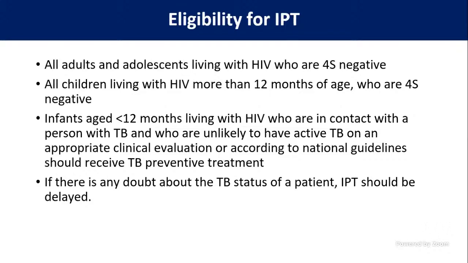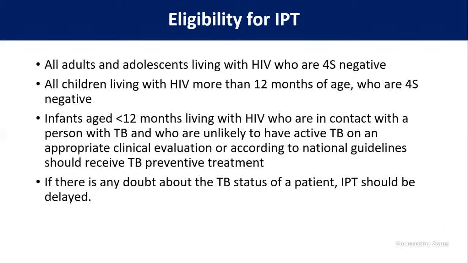Once a patient is 4-symptom negative and we have ruled out TB based on clinical screening, and if there was a suspicion, you would have done an X-ray and other investigations, then we consider the patient for IPT.